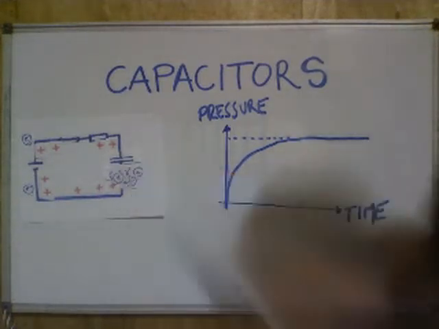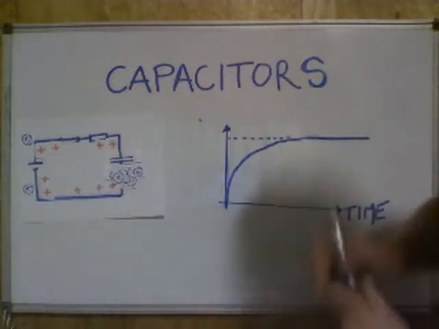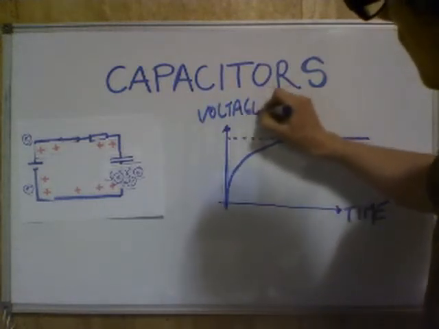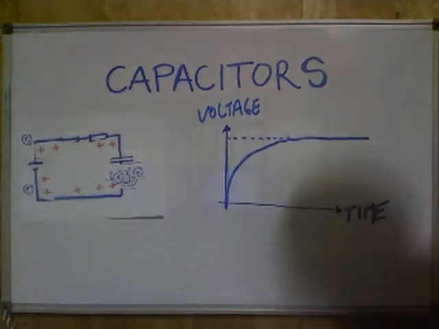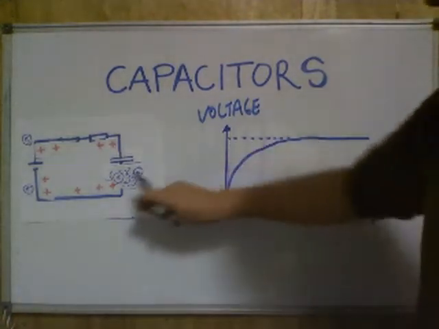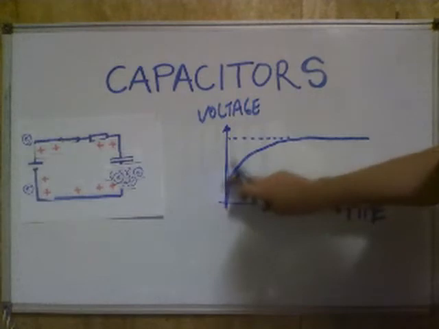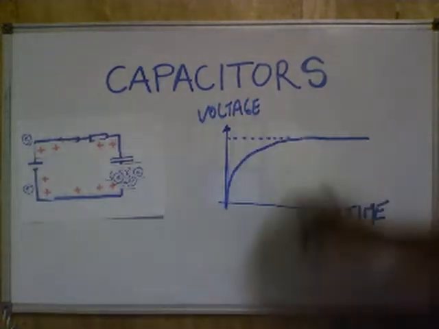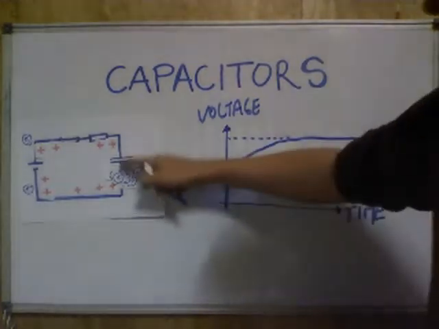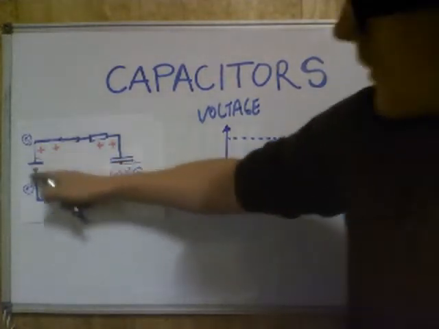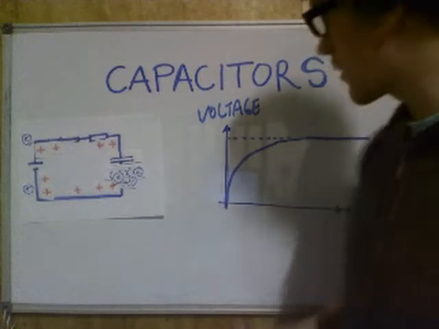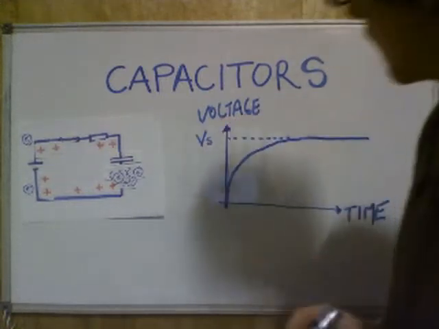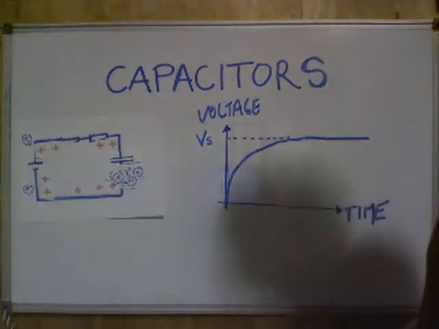So the rate at which the voltage across the capacitor increases starts off very high and then drops off, until it reaches a maximum where the voltage across the capacitor is equal to the voltage of the supply. So the maximum voltage here is going to be Vs, the voltage across the supply.